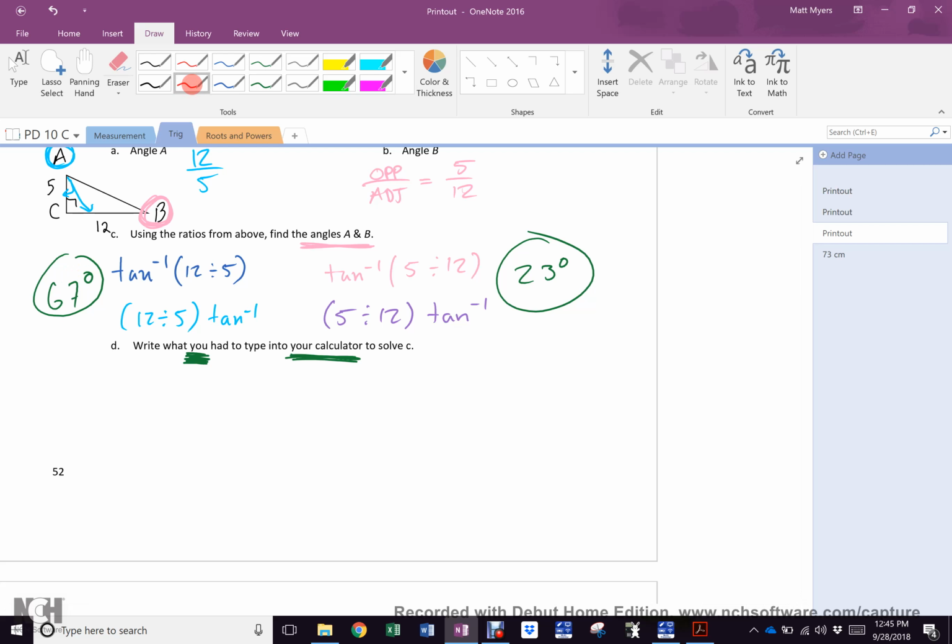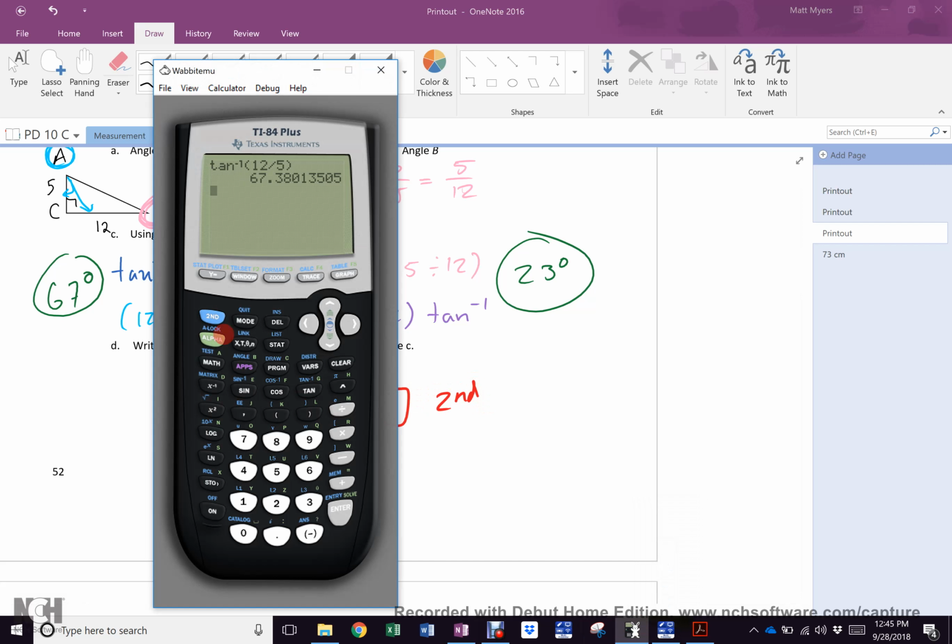On my machine, I have to go bracket 1, 2, divided by 5, close bracket. Then I have to hit the button that says second, because on my machine, it actually says second.